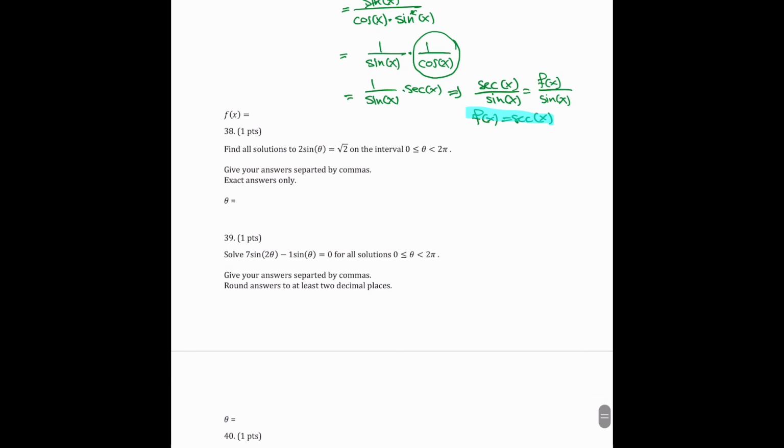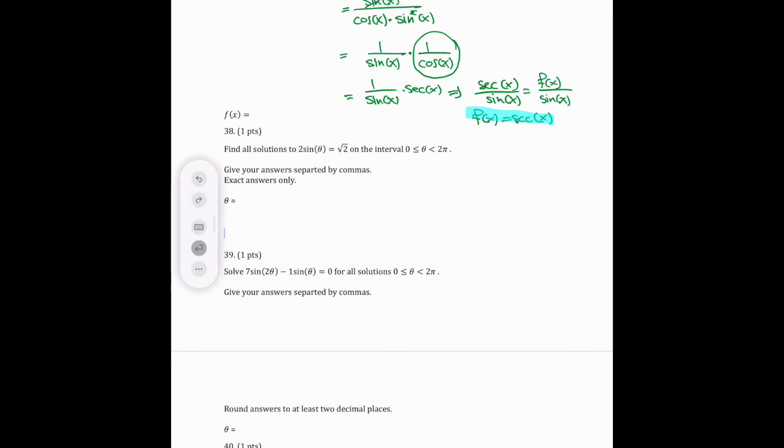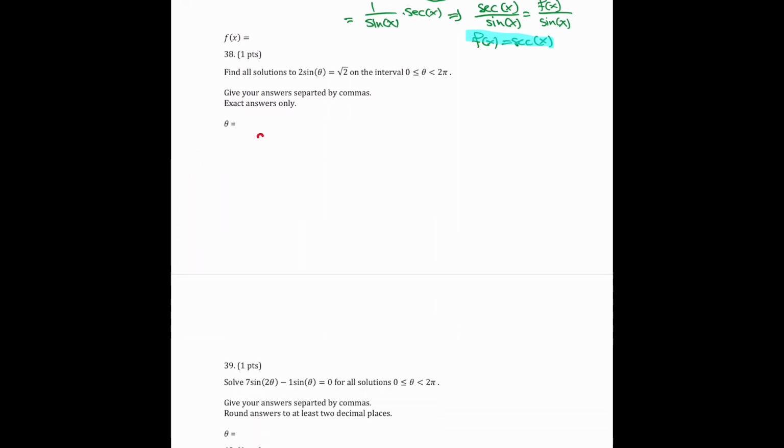Solving equations, number 38. We need to solve the equation 2 sine theta equals square root of 2 over 1 revolution, or 1 full circle. So we have 2 sine theta equals square root of 2. I'm going to divide both sides by 2. So I have sine theta equals square root of 2 over 2.